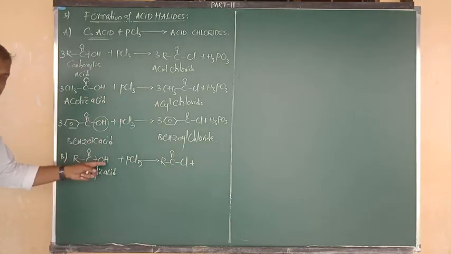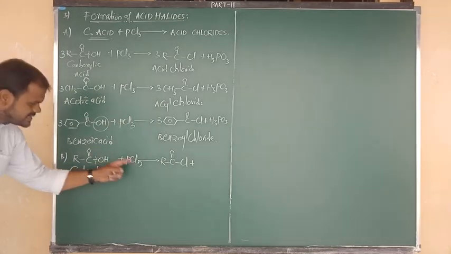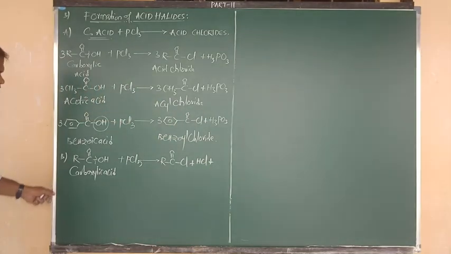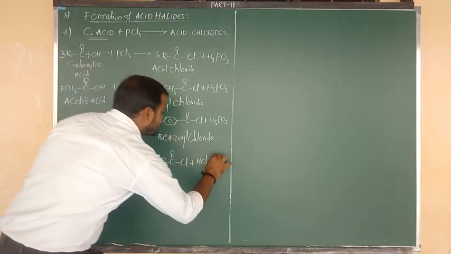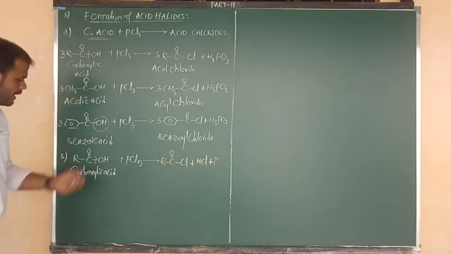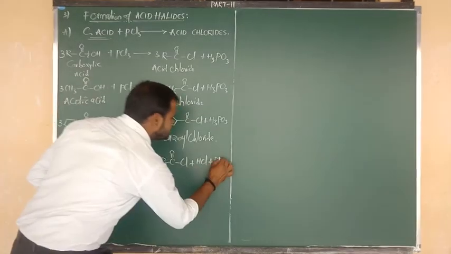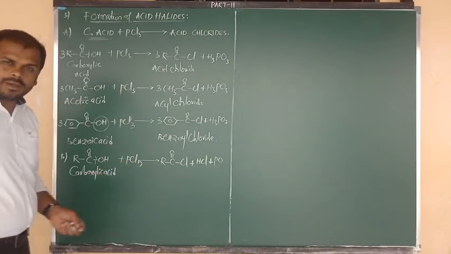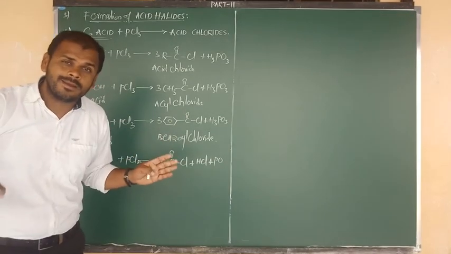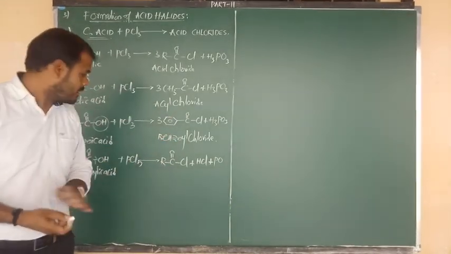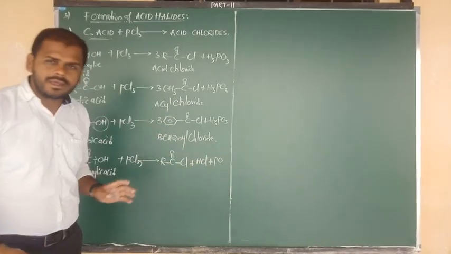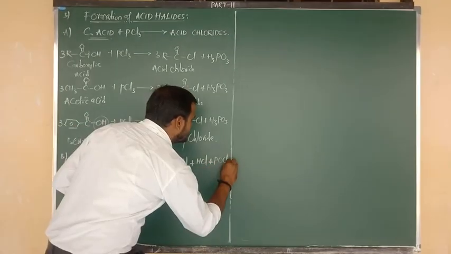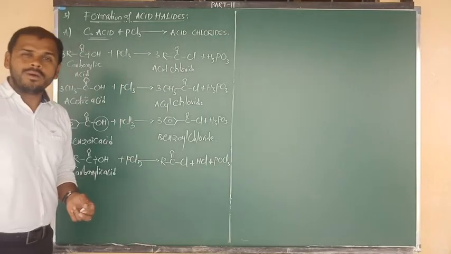But in that OH, one H atom is there that combines with Cl and is eliminated in the form of HCl. Here one phosphorus is there, that P atom I am going to write here as it is. In OH one oxygen is there, that I am going to write in the form of PO. But in the form of PCl5, totally 5 chlorines are there. Out of 5 Cl atoms, 2 chlorines we have already written here. The remaining 3 chlorines we can write in the form of POCl3.